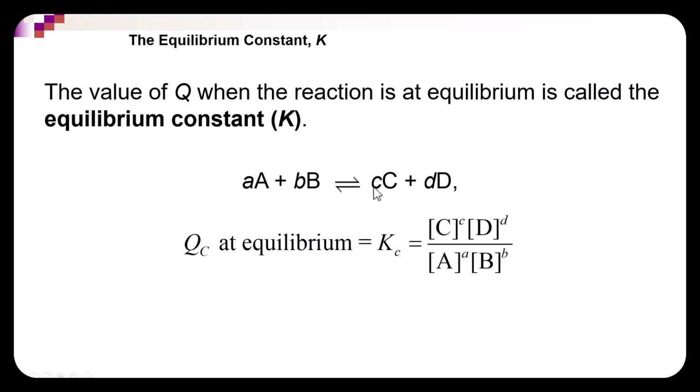When we have a reaction at equilibrium, the ratio of products to reactants will be a constant for a given reaction at a given temperature. So this is in fact what it is called. It is a constant for a given reaction.